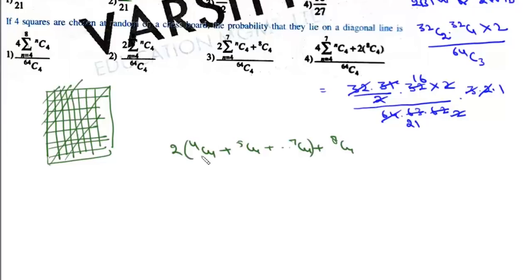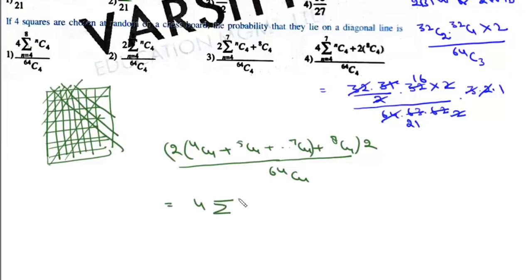So it'll be this into 2 and whole divided by 64C4. Now we can also choose the diagonal the other way. So the total cases will be 2 into this value. So we can write this as 4 into this summation nC4, where n varies from 4 to 7, plus 2 into 8C4 divided by 64C4, and that's your option 4.